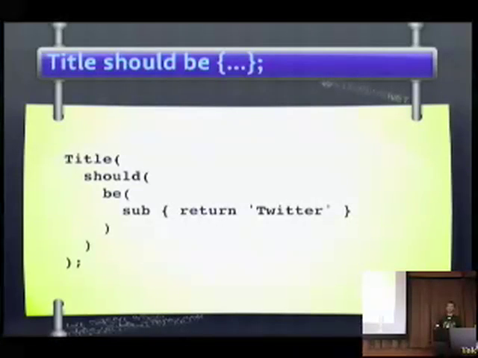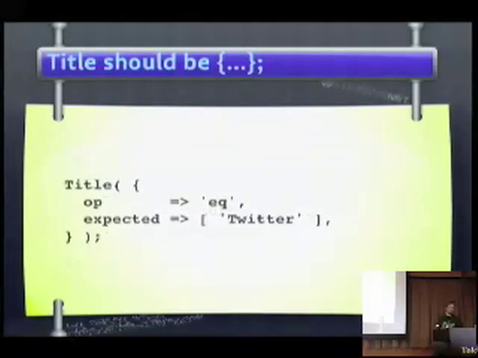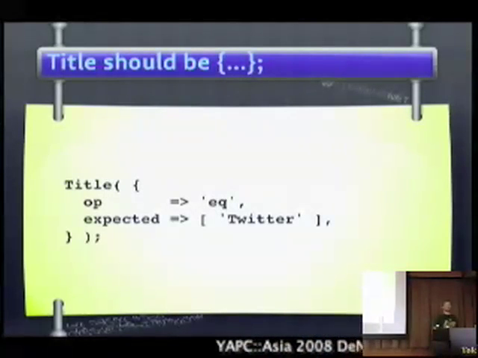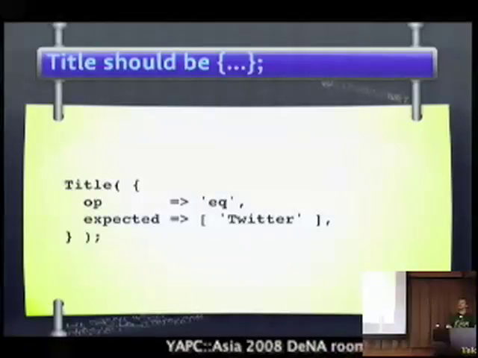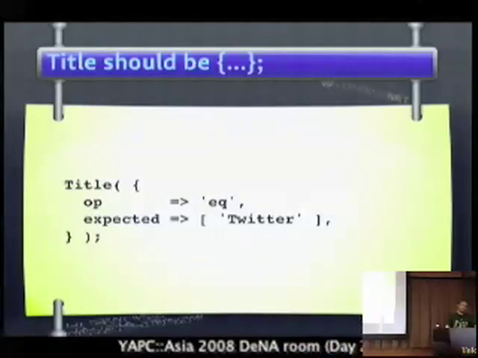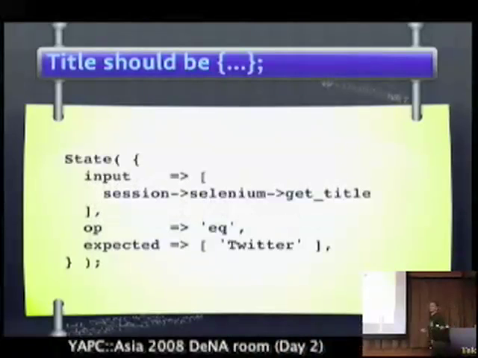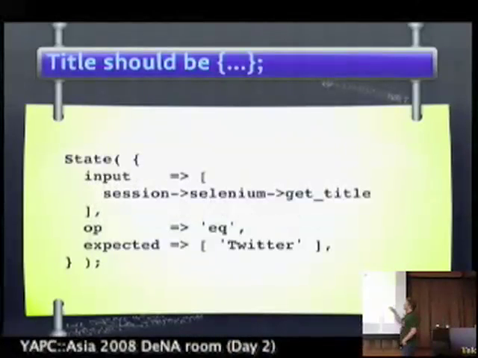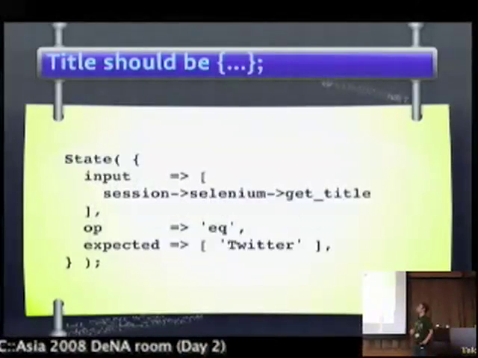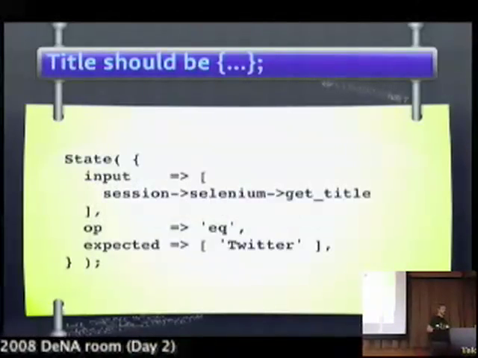So another way that we could have invoked title is to just pass it an object reference, a hash reference, with an operator and an expected value. And if you recall, title calls state, which is our equality tester. And so in reality, if we didn't want to use this language at all, we could just call state with this hash reference, which is doing all of the work that we did before.